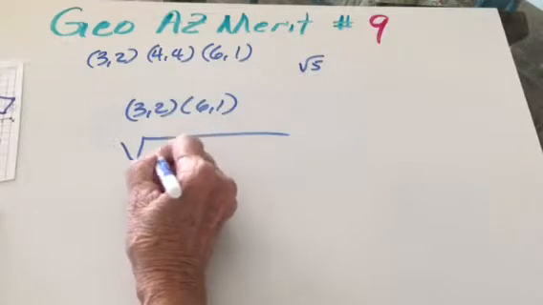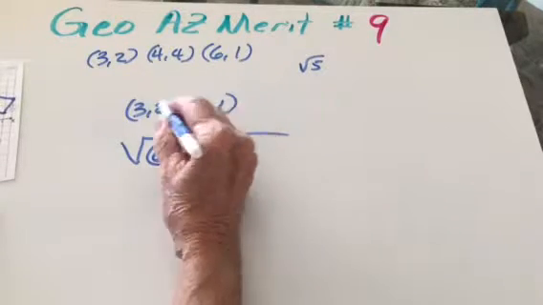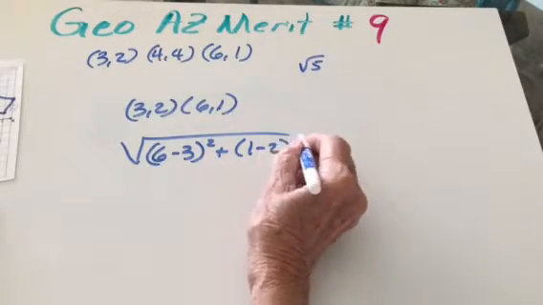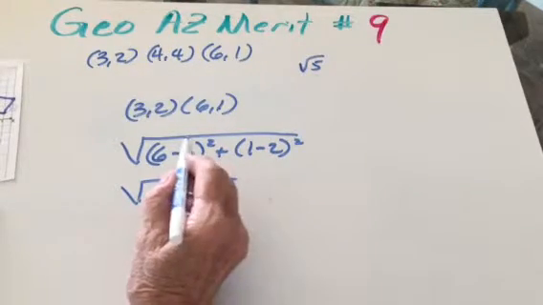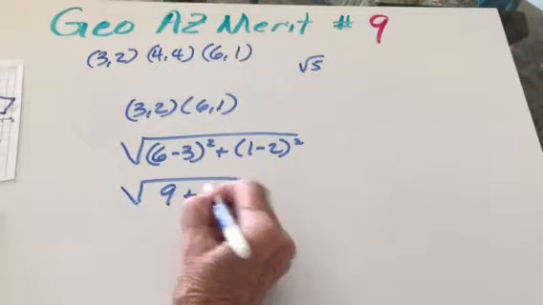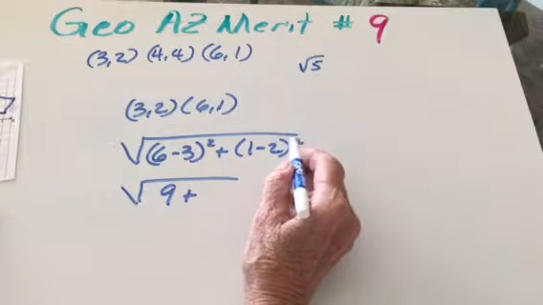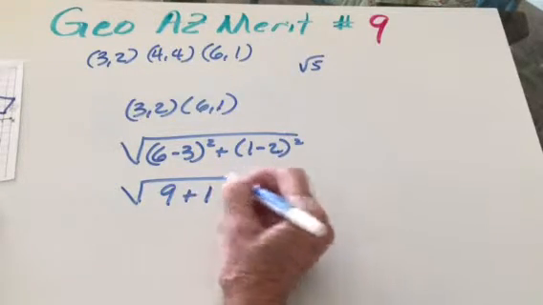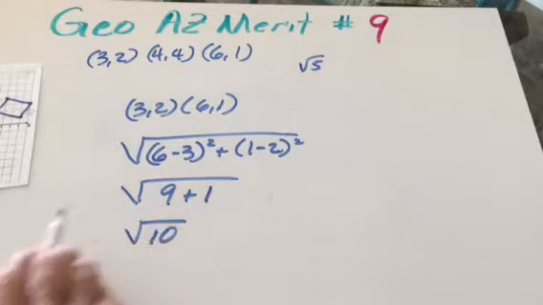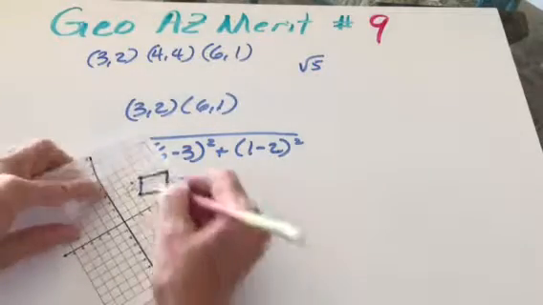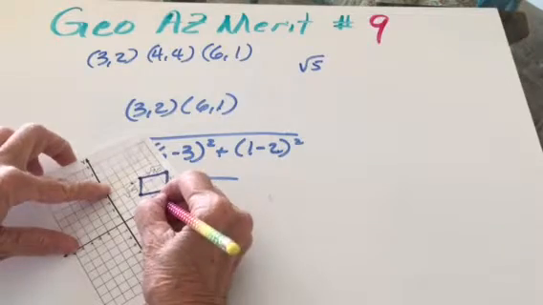X take away x, so 6 take away 3 squared plus 1 take away 2 squared. Okay, equals what? All right, 6 take away 3 is 3. 3 times 3 is 9 plus. 1 take away 2 is -1. -1 times -1 is just +1. Well, doesn't that equal radical 10? Yeah. Okay. So now I've got radical 10, and here I have another radical 10.